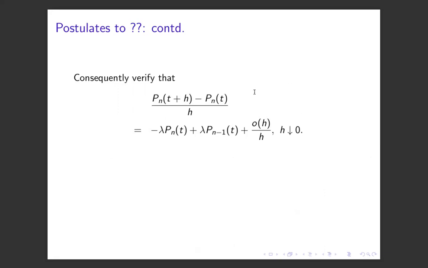So now if you let h go to 0, this last term vanishes and these guys are independent of h, so nothing happens to them. And this becomes the derivative of P sub n at t.